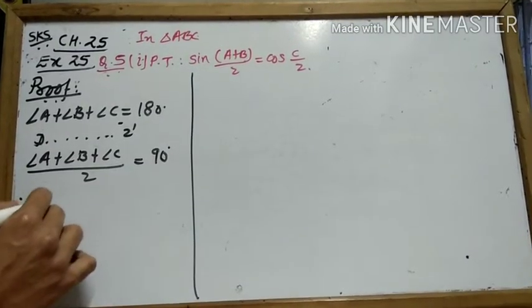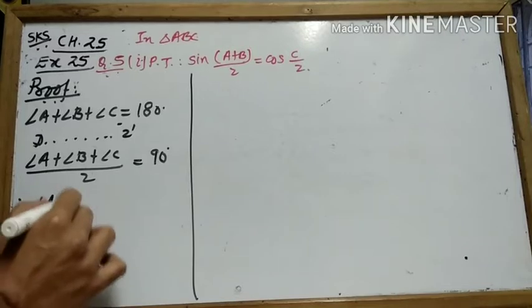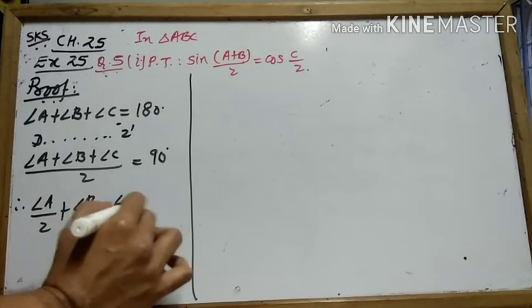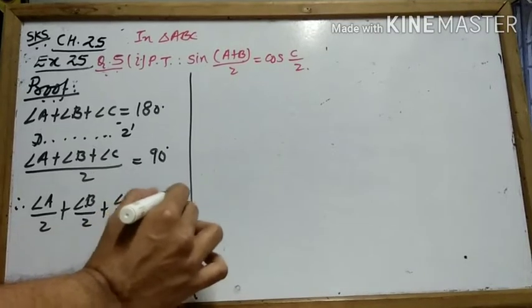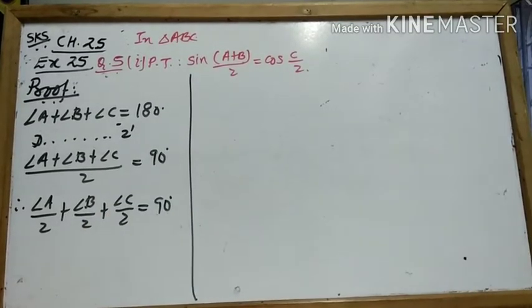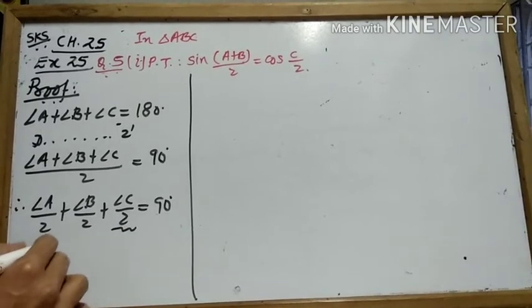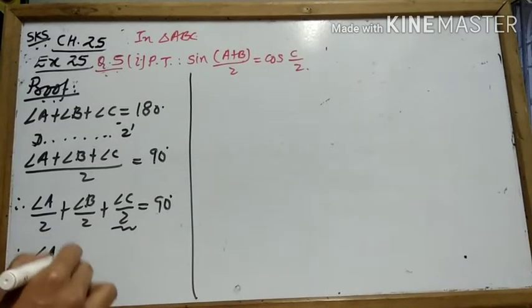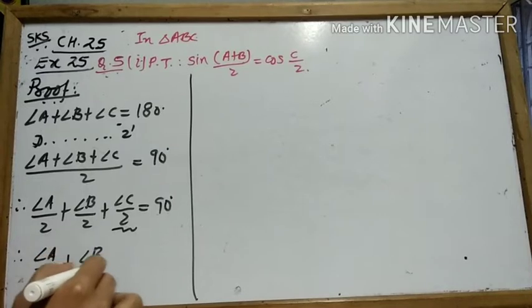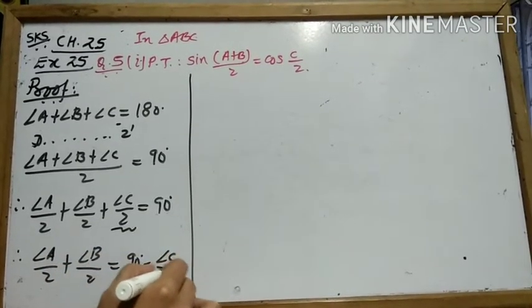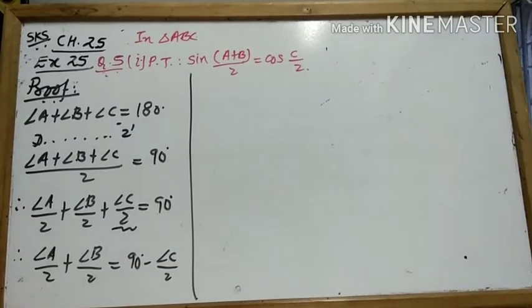If I split it up, then angle A upon 2 plus angle B upon 2 plus angle C upon 2 will be equal to 90 degree. I am taking this part on the right hand side, so what I get is angle A upon 2 plus angle B upon 2 is equal to 90 minus C upon 2.